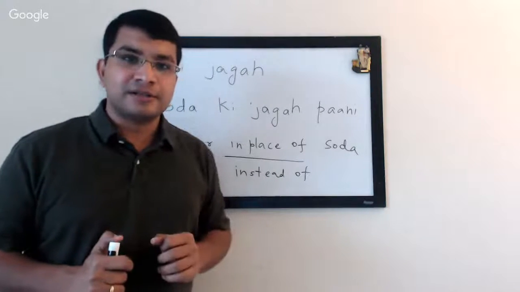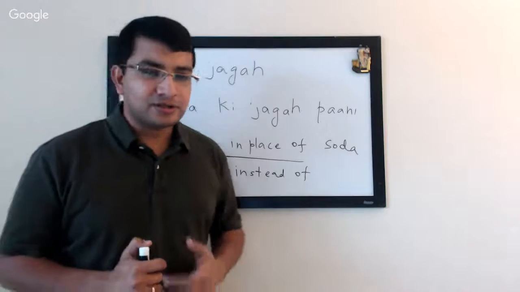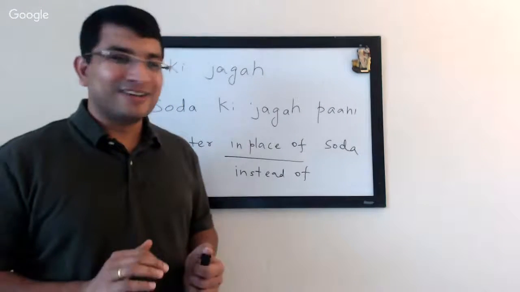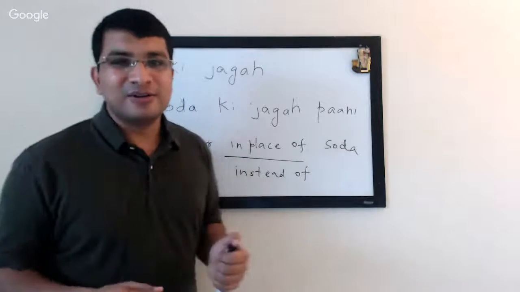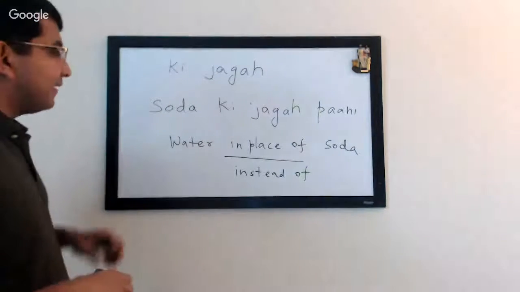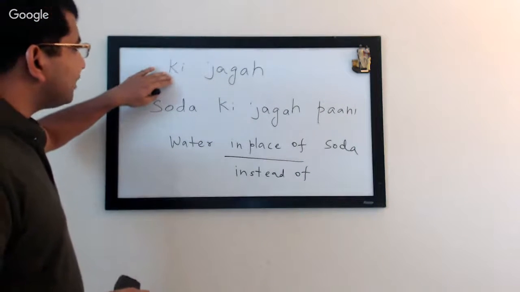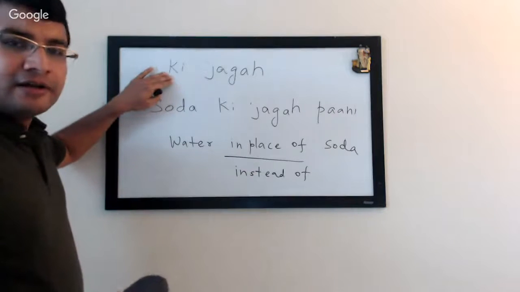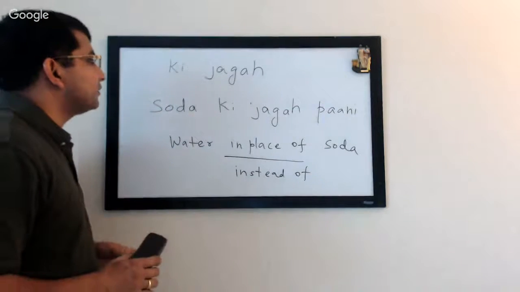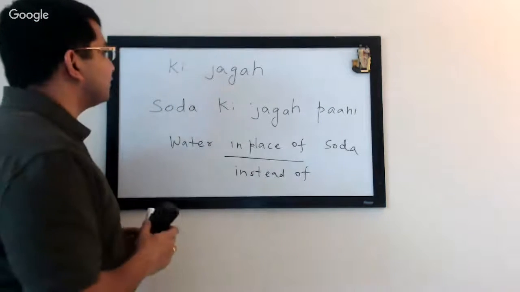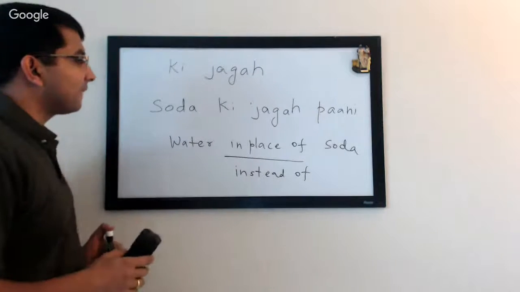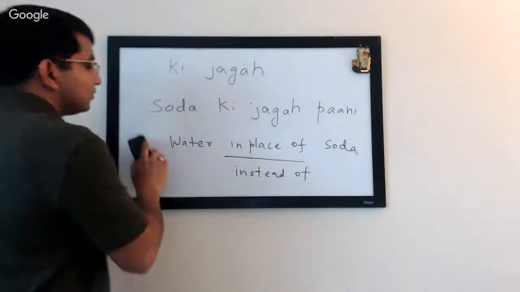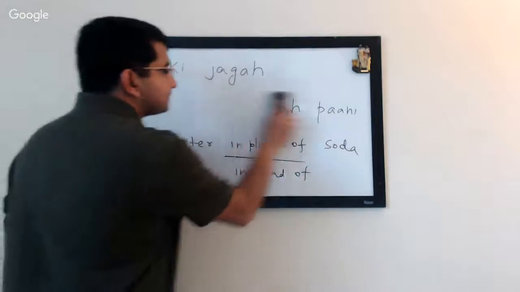So write down three sentences as we are doing this class, so that I make sure you understand how to use them in day-to-day life, right? And if you want to write them down, try it as well, so that in the chat box I can review it along with you. So let's do more. Soda ki jagah pani.